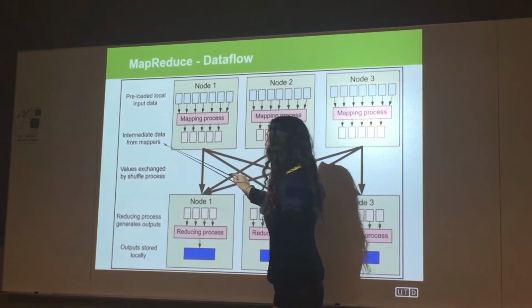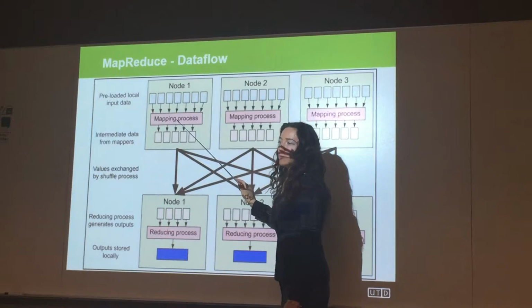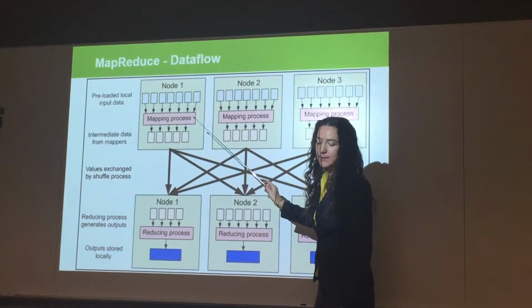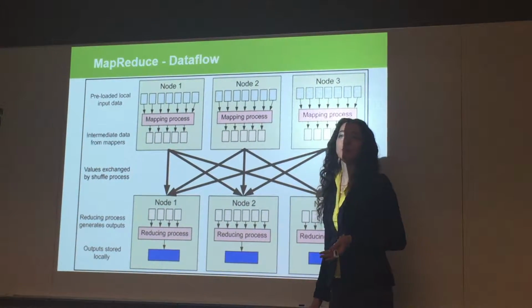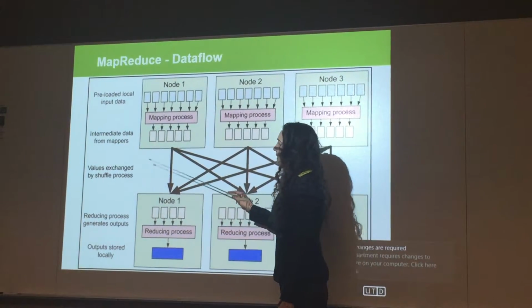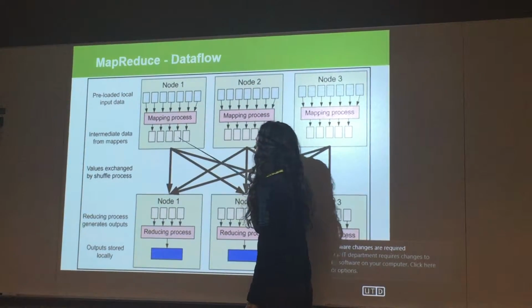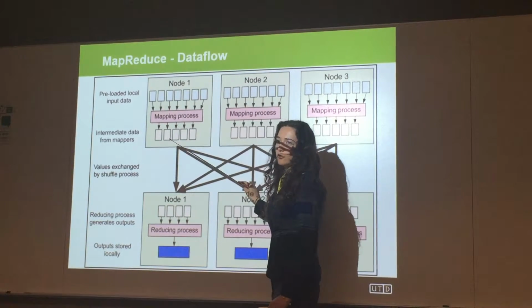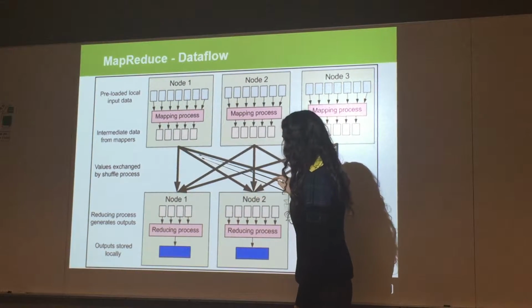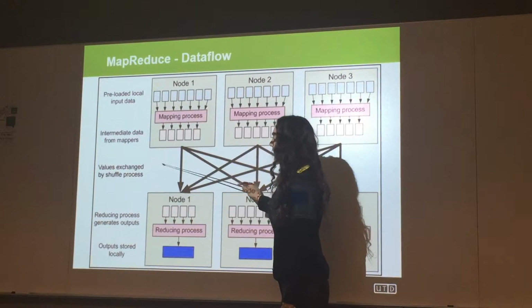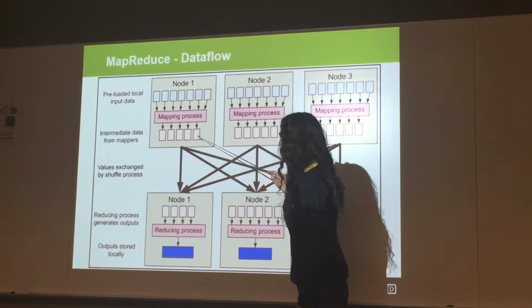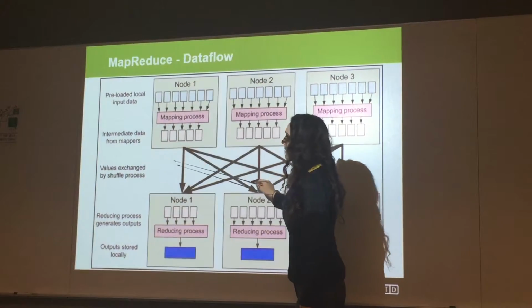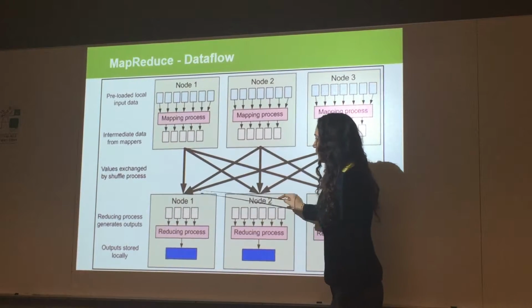And the mapper will do some processing. Let's say it's searching for a particular word in the file. It will create some intermediate results: I found this word here on this line, or on the next line, and the next line. The values, or this intermediate data that is produced, can be either shuffled or sorted.